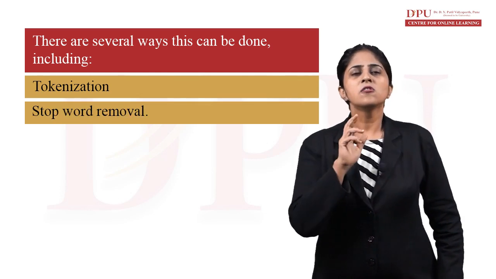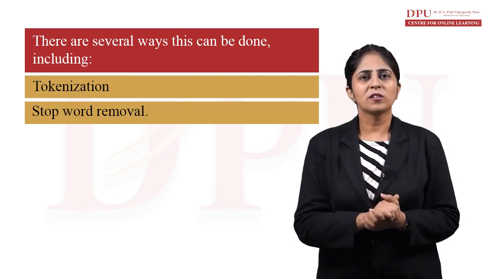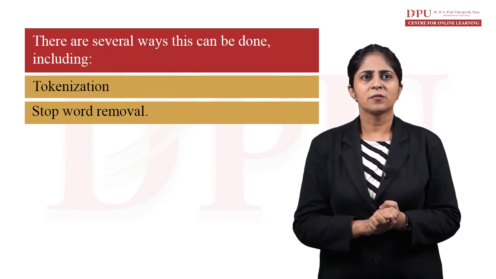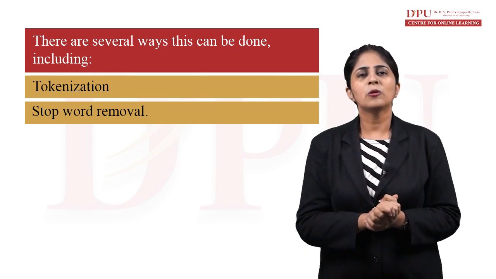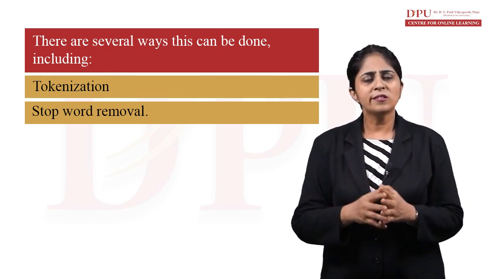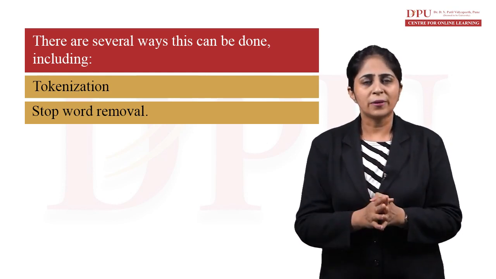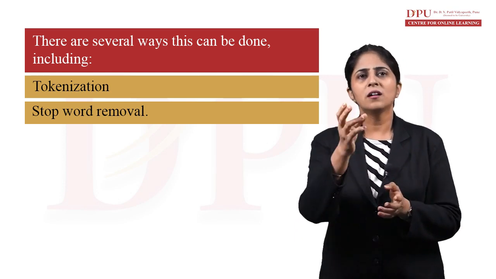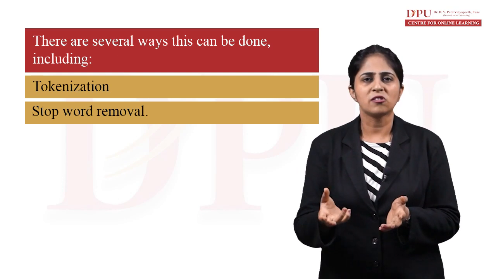Second is stop word removal. This is when the common words are removed from the text and unique words that offer more information about the text remain. That means if we talk about a Google search engine, if we are trying to find out something, like what is tokenization, we generally type "what is tokenization".